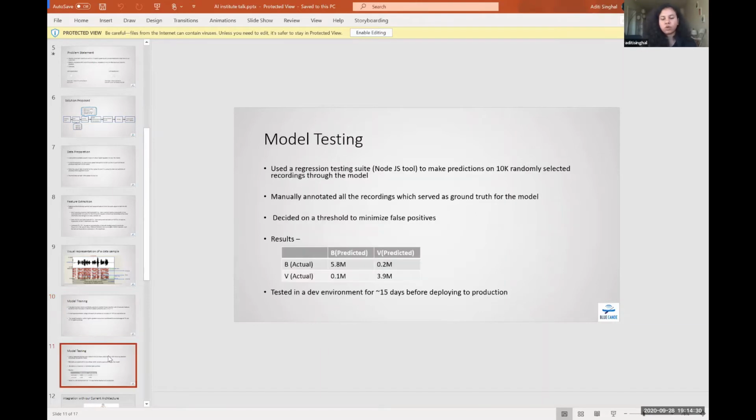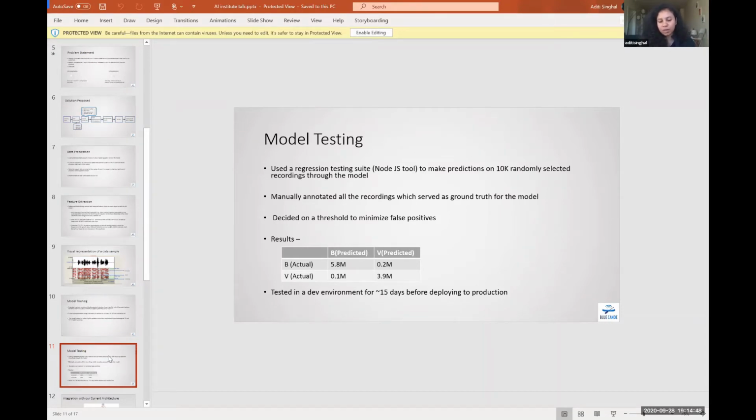Okay, and then moving on to model testing. Model testing was quite a challenge in this case, because getting the accuracy for non-native speakers is a very difficult thing.